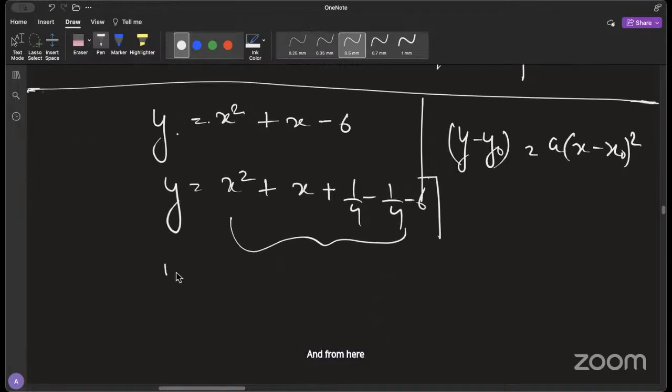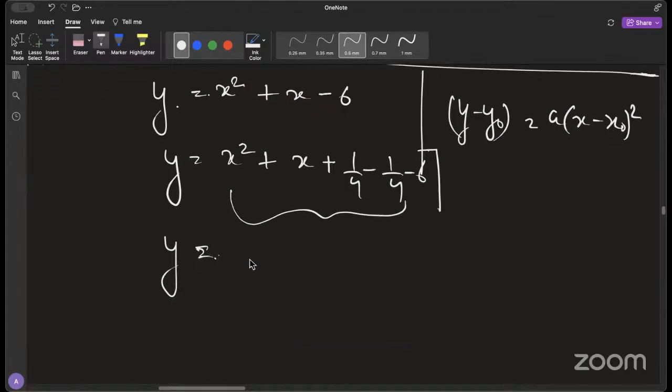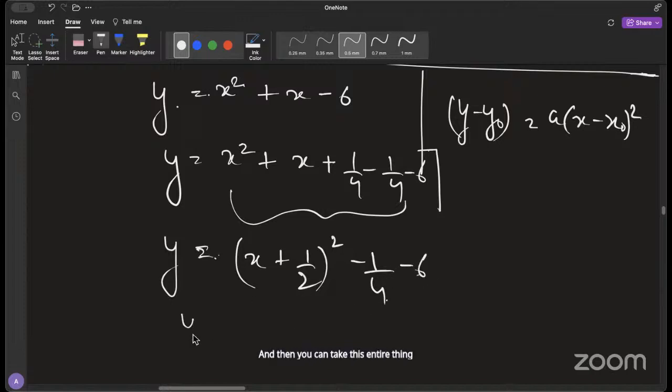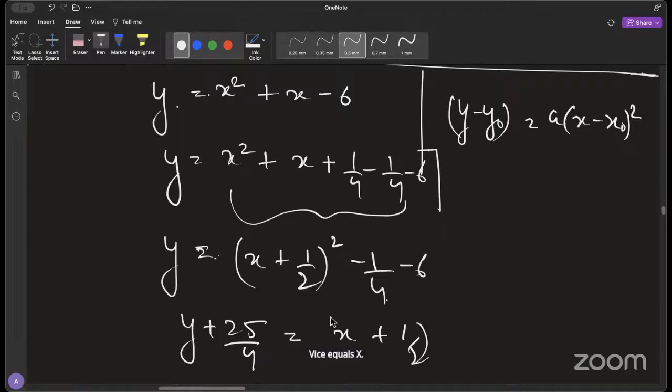And from here you will have y equals x plus half squared minus 1 by 4 minus 6, right? And then you can take this entire thing on the other side. So you will have y plus 1 by 4 plus 6. So this is 6 fours are 24, and 25 by 4 equals x plus half squared.